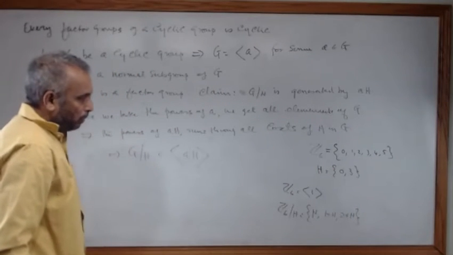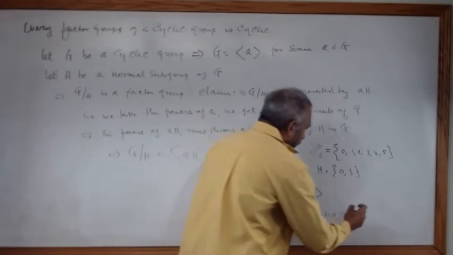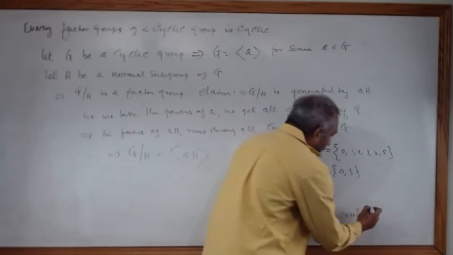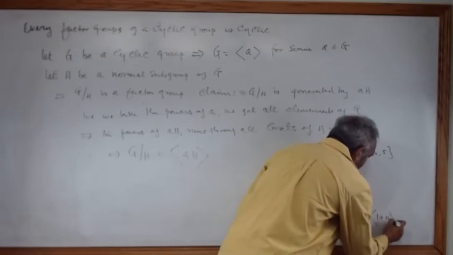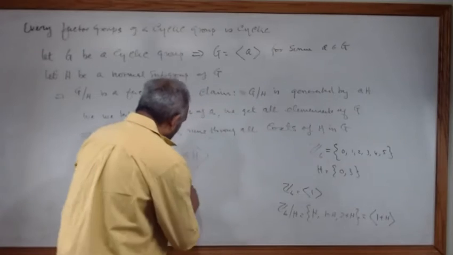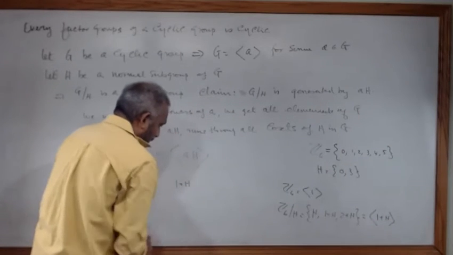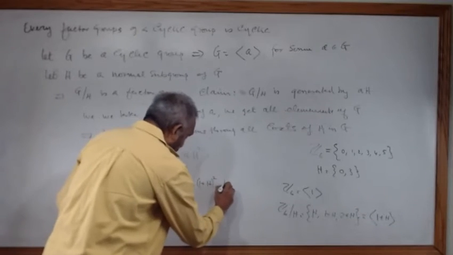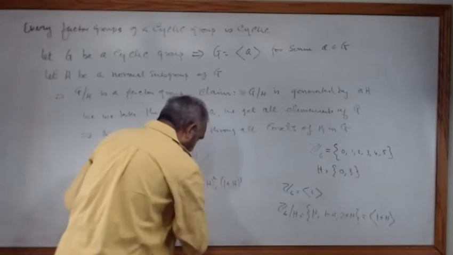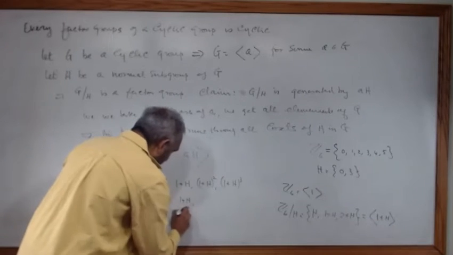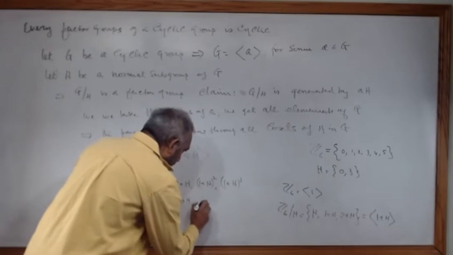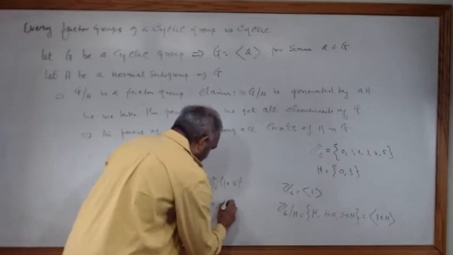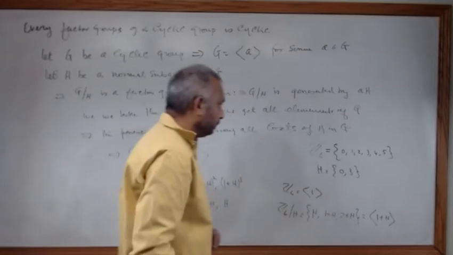So these are the elements of the factor group. This is actually generated by 1 plus H. Why? Because 1 plus H is 1 plus H, then 1 plus H plus 1 plus H is 2 plus H, and 1 plus H plus 1 plus H plus 1 plus H is H, and that is exactly what this one is.